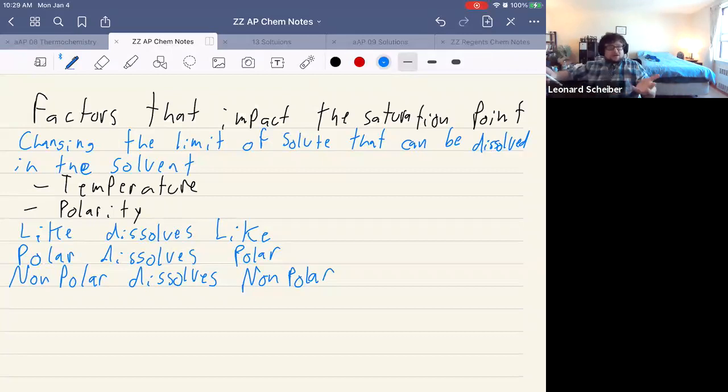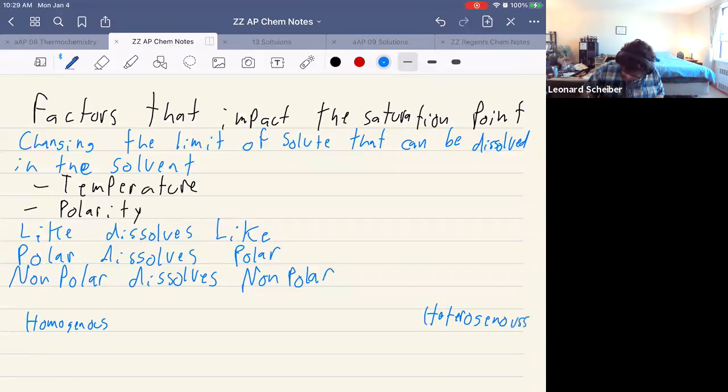The difference between a solution and an emulsion is that, like everything else, it's a spectrum. On one end of the spectrum, you have heterogeneous, completely separated. On the other end, you have homogeneous, which is mixed down to the size of a very small molecule. And an emulsion is about two-thirds of the way toward homogeneous, somewhere around here-ish.